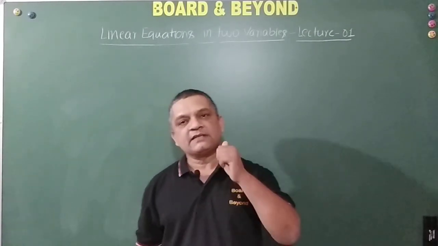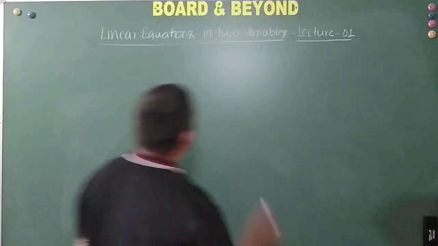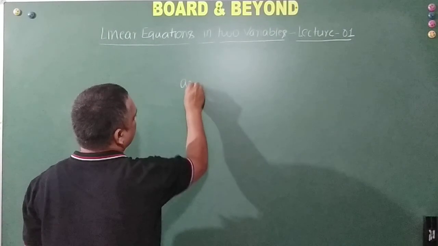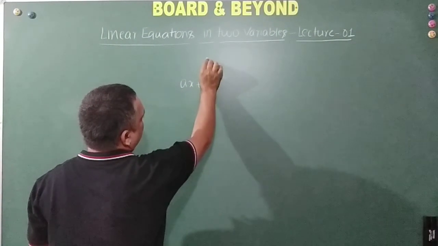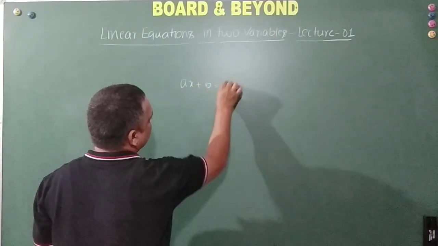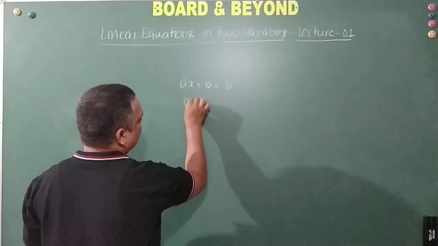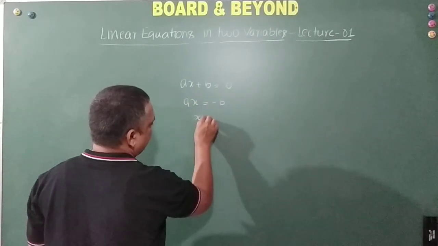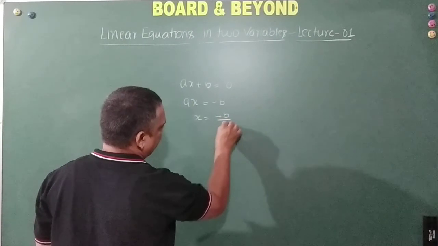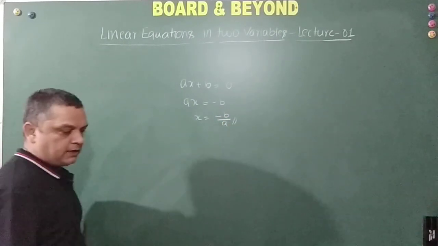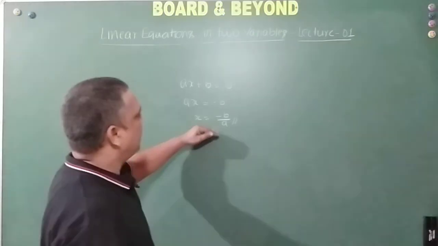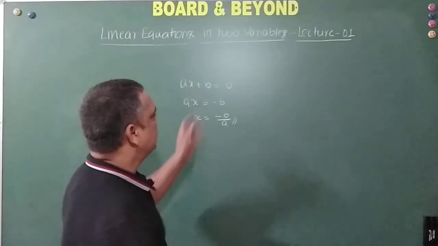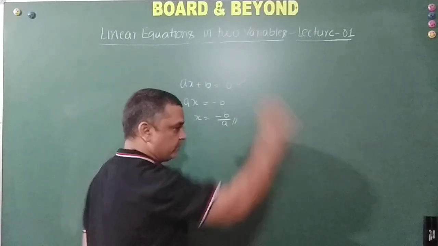So first let us understand one more thing, friends. Okay, let us say ax plus b is equal to 0, right? So if I have to find the value of x here, x is equal to nothing but minus b by a, right? So what I have done, I have found a solution. Okay, this is a linear equation in one variable, right friends?